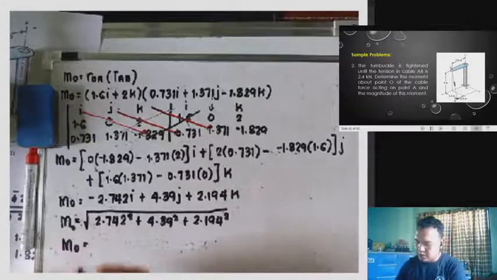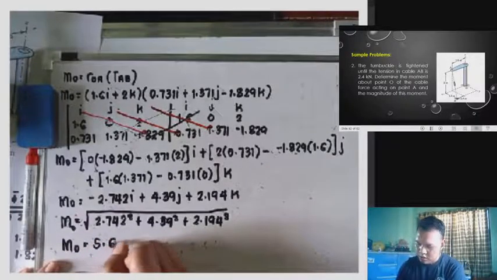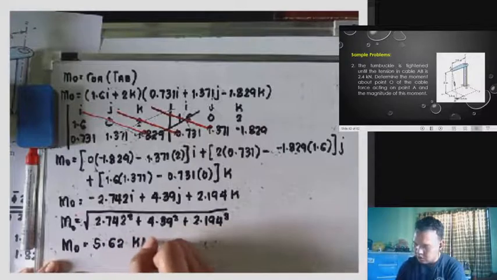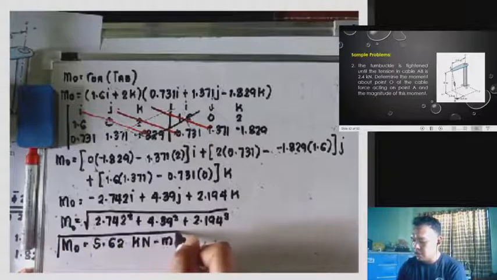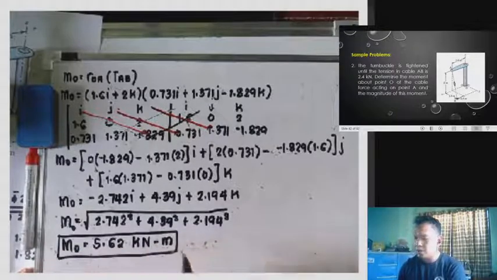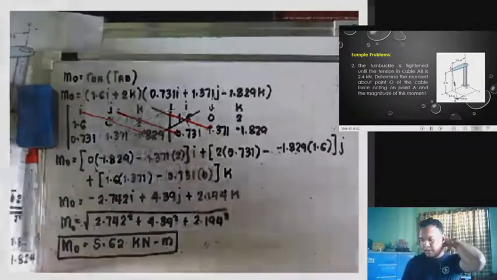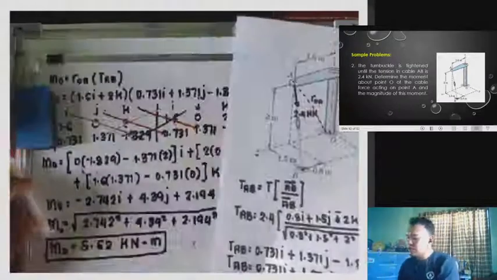We have here 5.62 kilonewton meter. So, ito po yung value ng moment at point O. So, di ba?